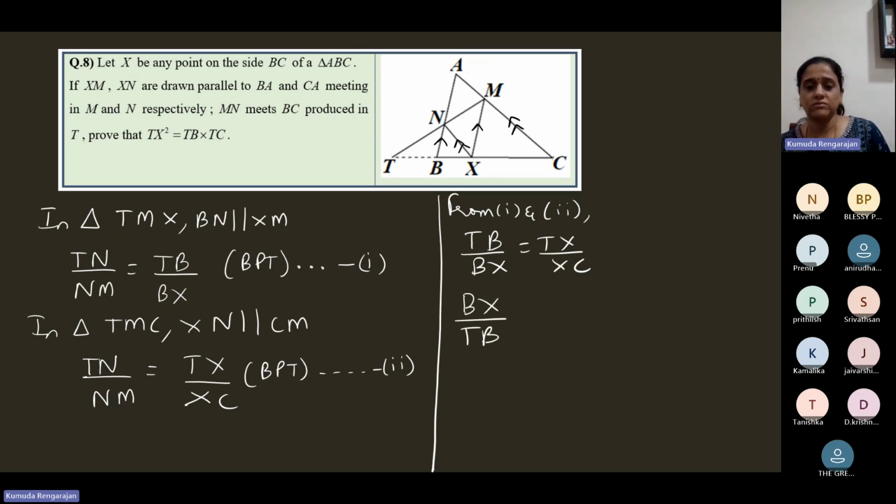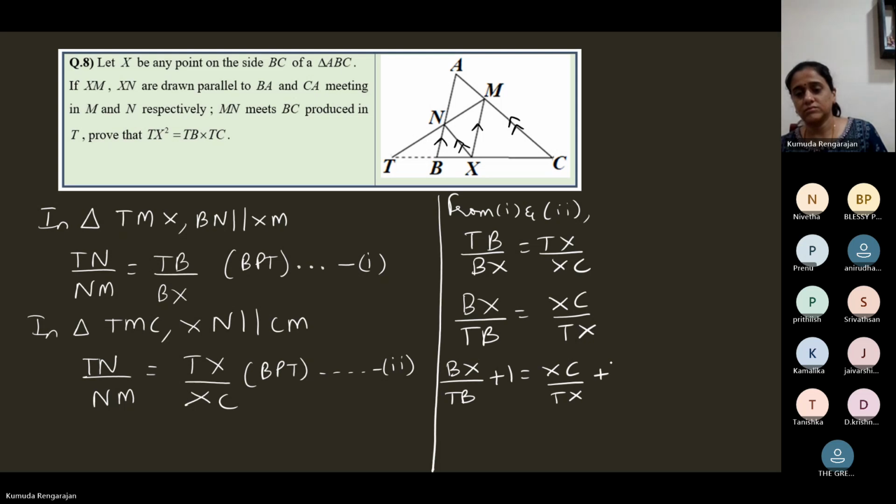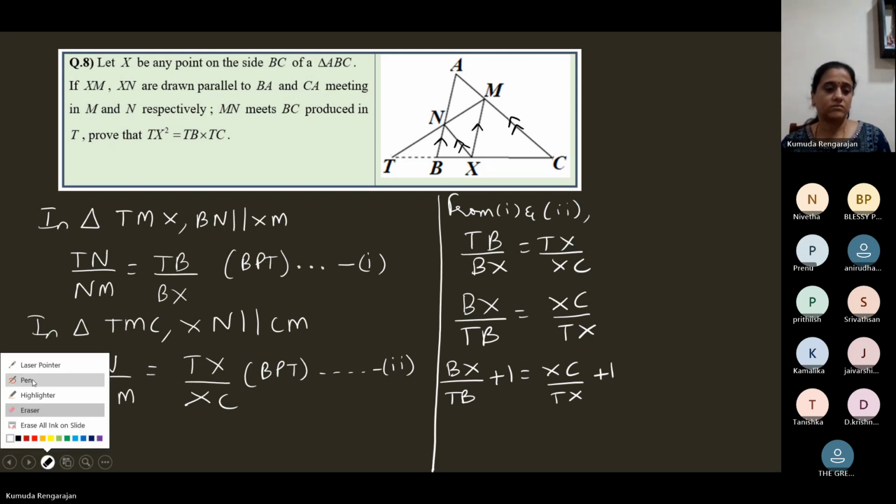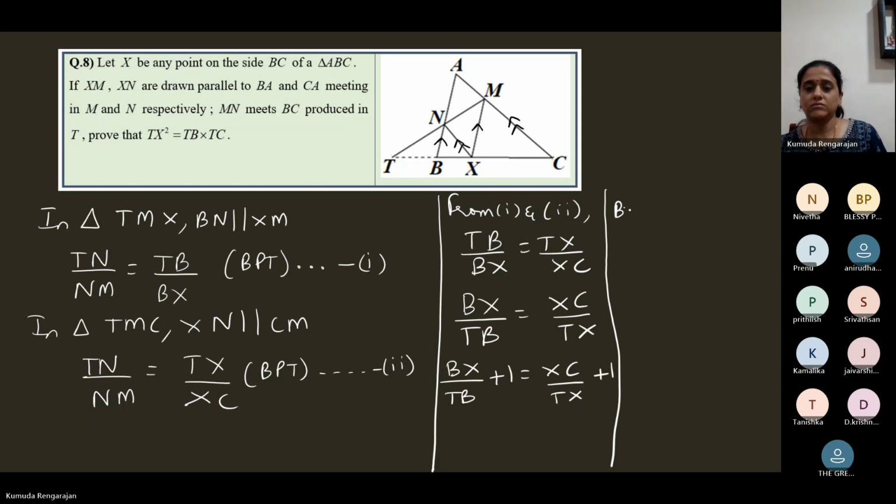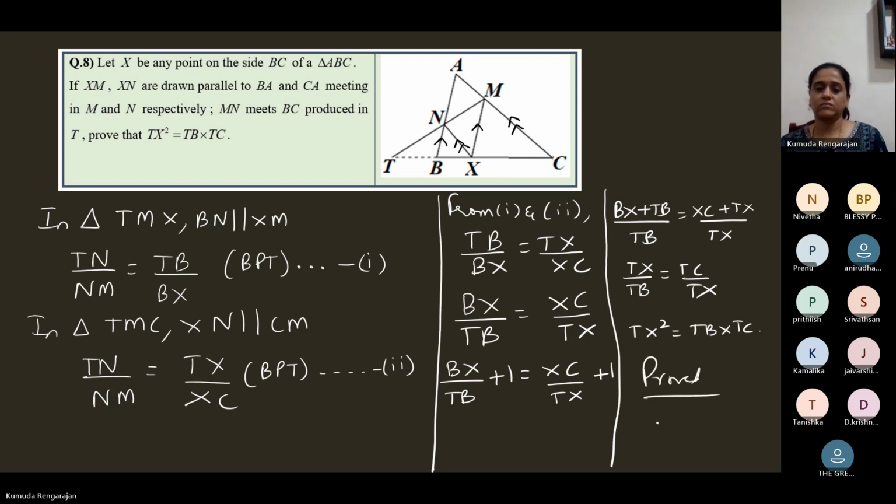So take reciprocals and add 1. Yeah, check your answer. I'll just come back to them.